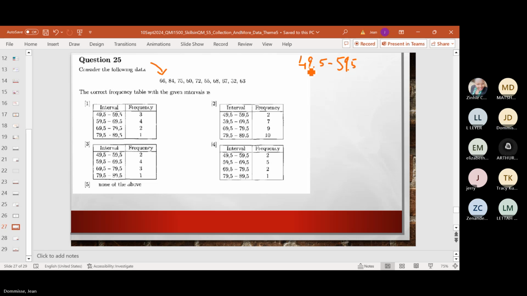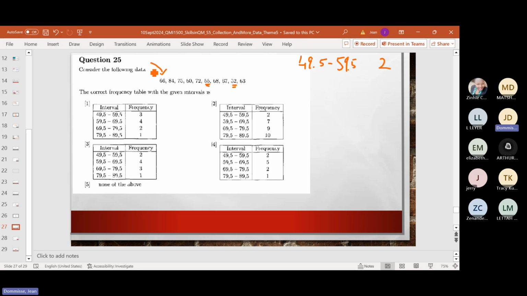Let's just check how many numbers are between 49.5 and 59.5. There's one that's 55, there's another one that's 52, so there are two numbers.